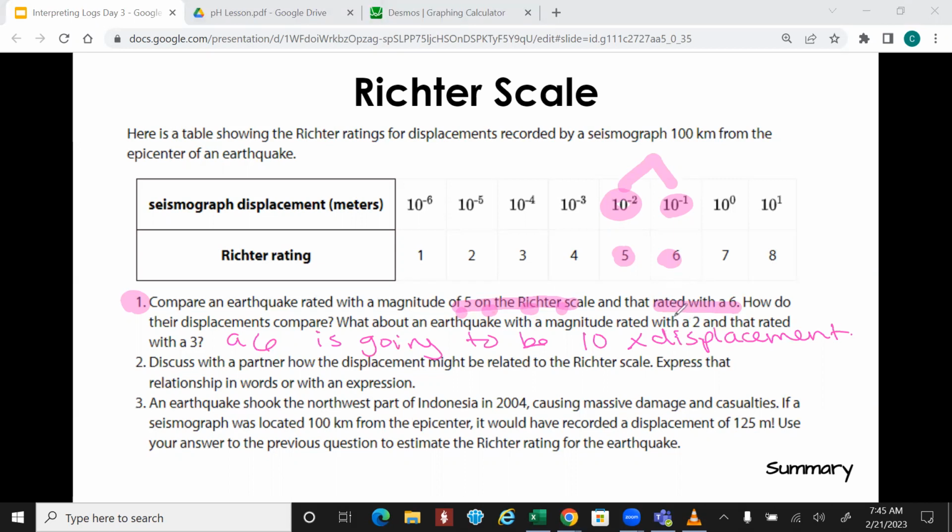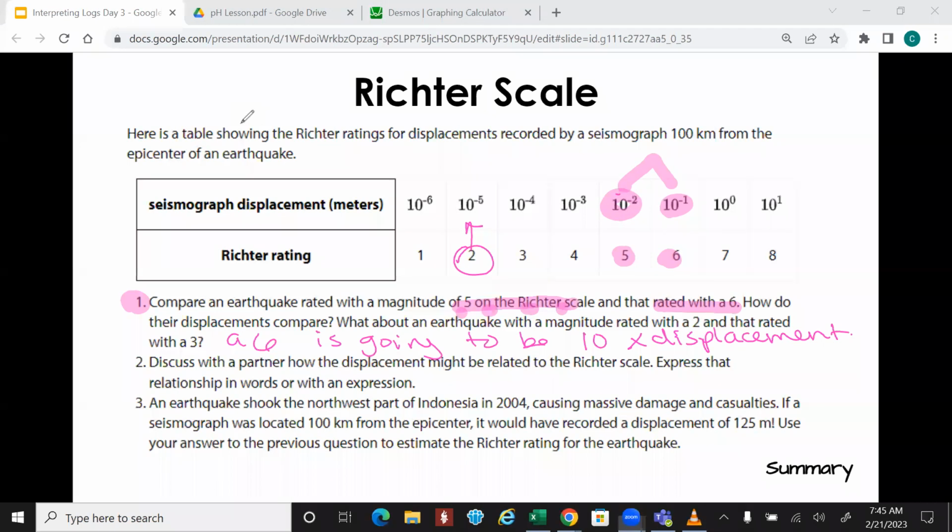All right, so how does it relate compared to a magnitude of 2? We go from 10 to the negative second to 10 to the negative fifth. So how much of a difference is that? Well, that's 3 in the exponent, right?